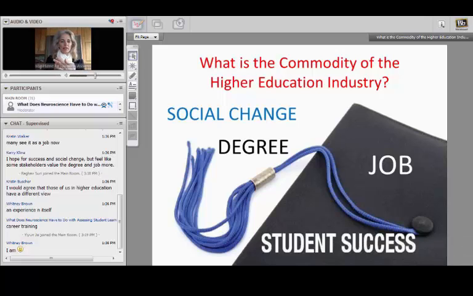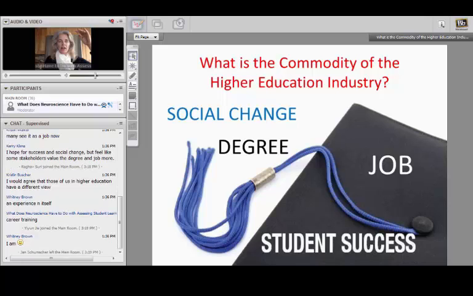Yes, thanks, Whitney. Yes, so we're seeing already some of these words. We hope that it's social change, but many do see it as the job itself, like getting the job or the degree, and that's the output. So we have this conversation that's happening at a federal level and for some of us at the state level.